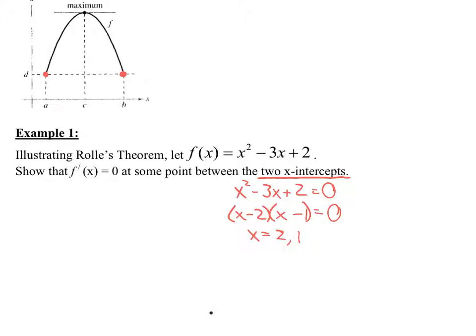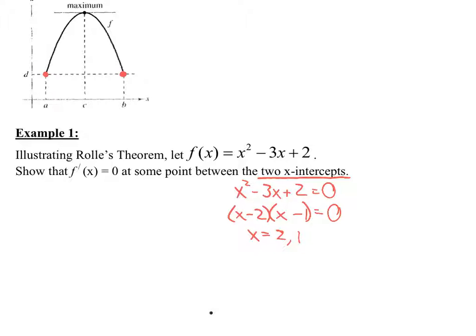So now one temptation is going to be just to go ahead and find where the derivative equals 0, okay? But the problem specifically asks us to use Rolle's theorem here, okay? And it actually does not ask us to find what that point is.